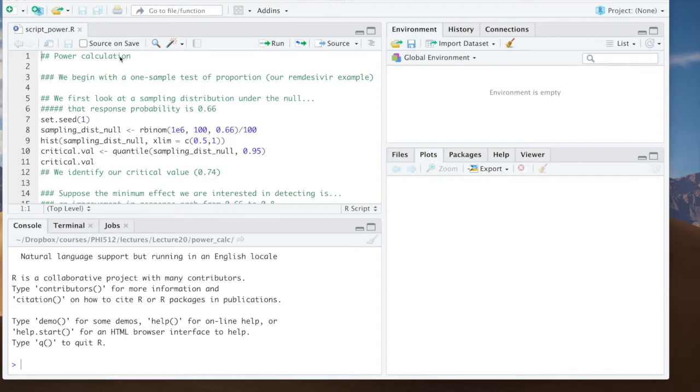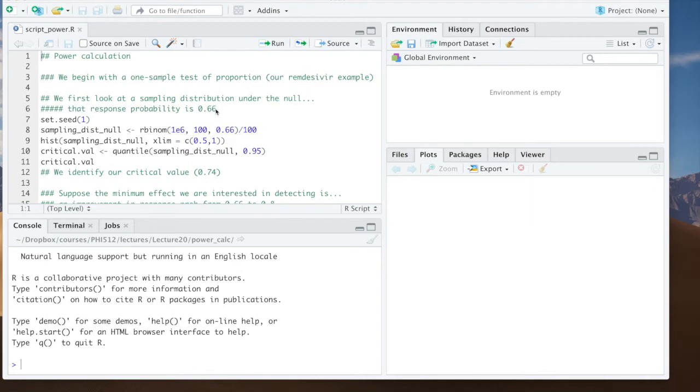Originally we engaged with a clinical trial where people had run this. Now we are imagining that we want to design a one-arm clinical trial, where we only enroll remdesivir patients who we give remdesivir to and compare their response rate to that historical rate of 0.66.